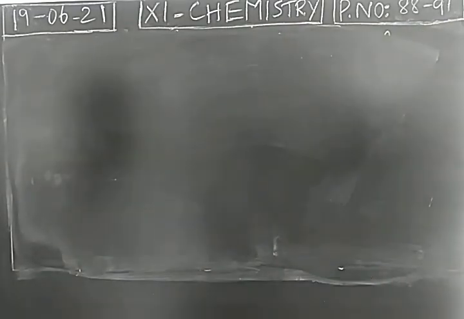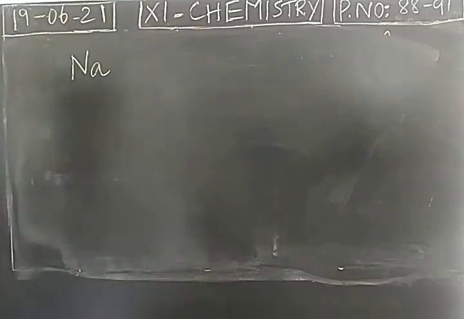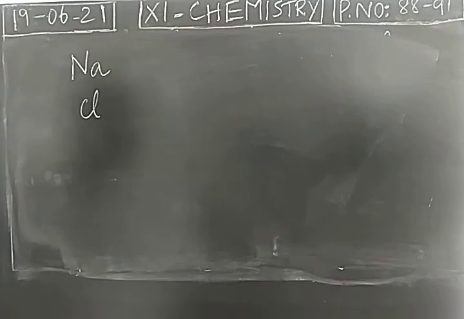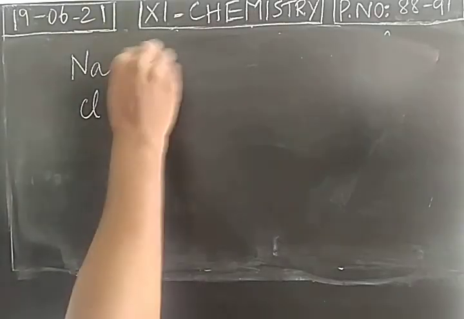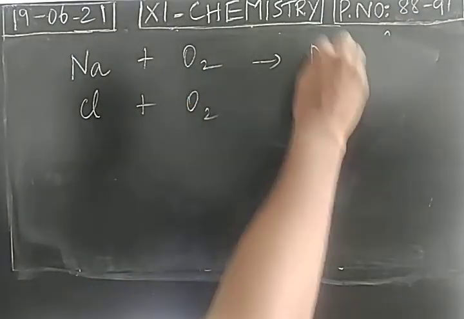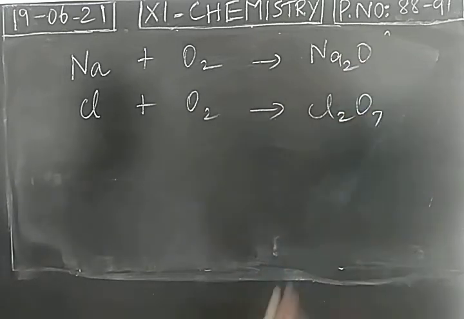We can consider a metal as well as a non-metal, and how each forms an oxide. We take an electropositive sodium metal and an electronegative chlorine non-metal. Both elements will combine with oxygen. They form oxides, but the nature of the oxide will be different.